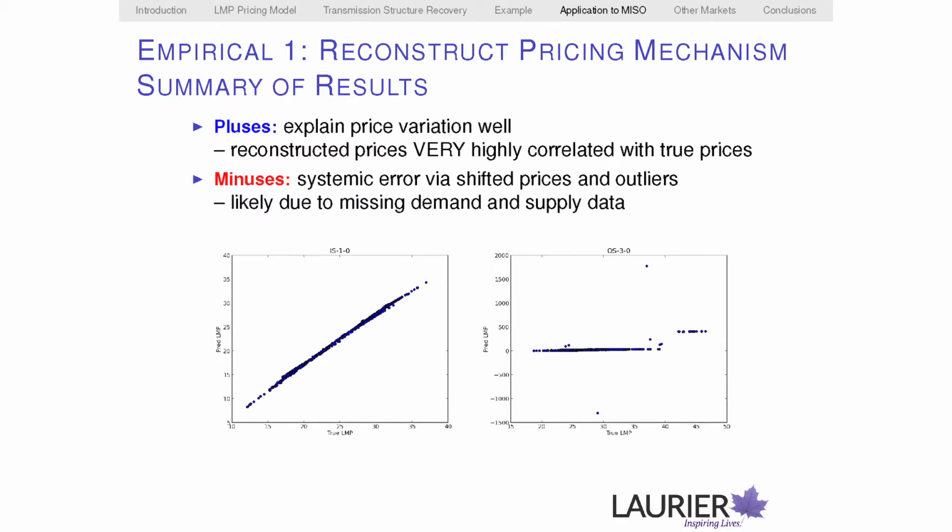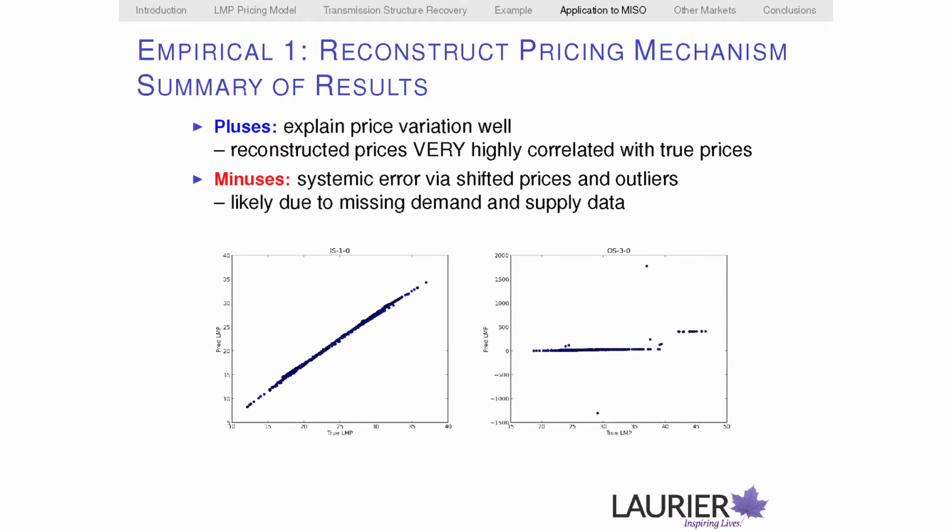The reason we did this, as the next page shows, is that we found some systemic error. When congestion is low, we were able to come up with a pricing mechanism which is slightly shifted. It's a little low, but it clearly reflects the actual prices very well.